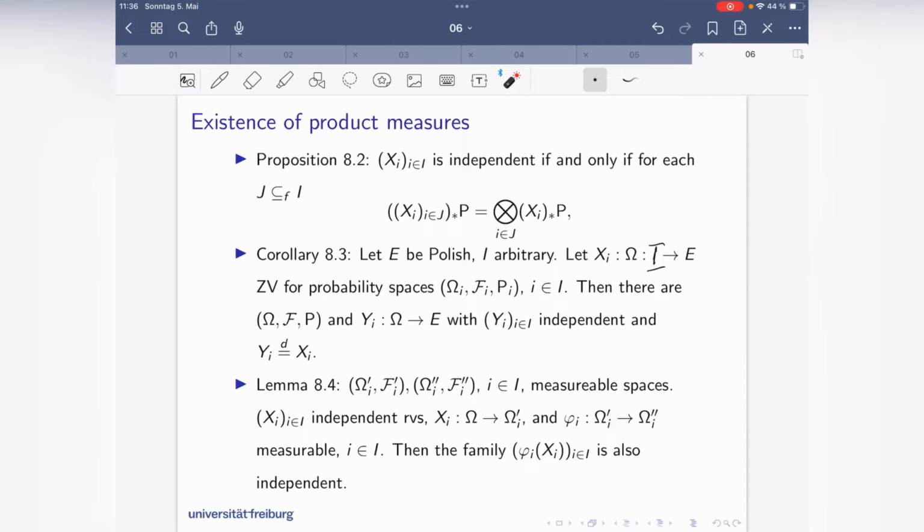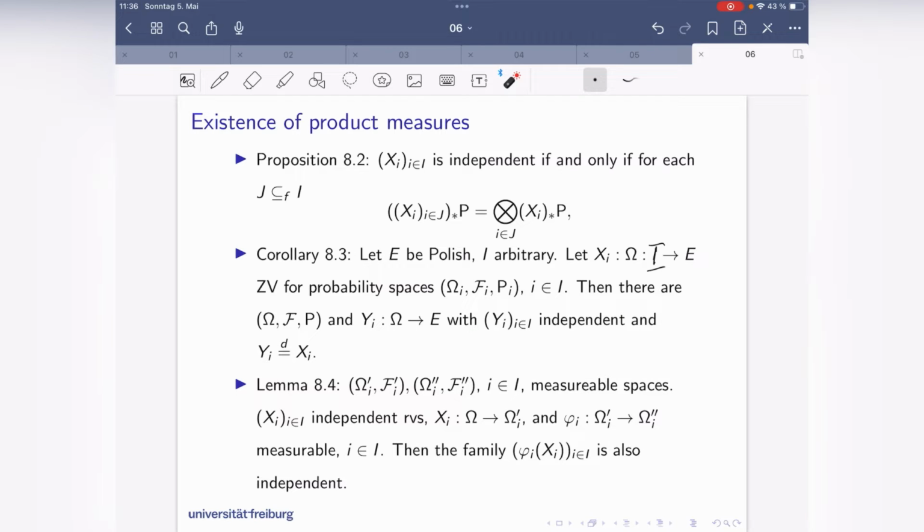And essentially what is not written there, but also holds, is that it even holds if E is not Polish, but I'm not going to show this here. And I'm also not going to show this in the measure theory course, because basically all spaces we have are Polish, so that's not really a restriction. So you can now remember, no matter how complicated the index set is here, you can always construct independent random variables.